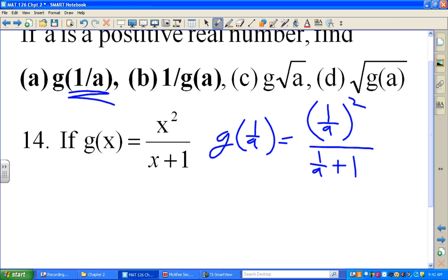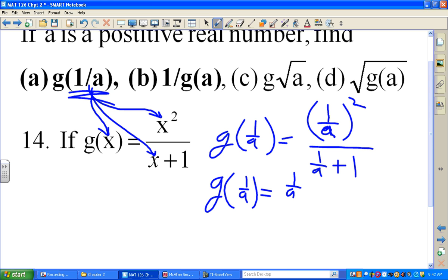You've seen this move several times. This says you put 1 over A in for all the X's. I put 1 over A in for this X, this X, and that X. And now you have to simplify it. G of 1 over A equals 1 over A squared, 1 over A plus 1.